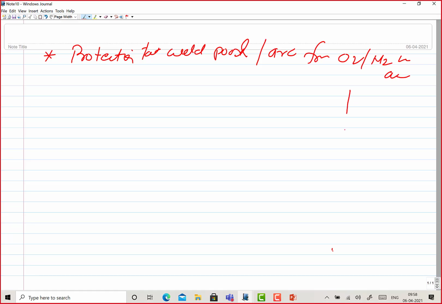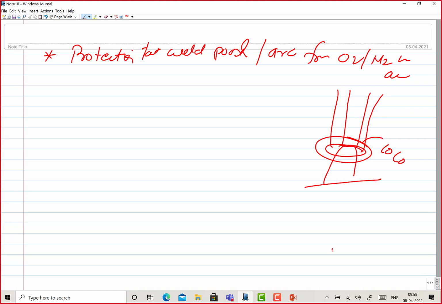What we do, when the arc is struck, the heat of the arc burns the coatings, which have hydrocarbons, so they burn and produce CO and CO2. The CO and CO2 cover the arc by pushing the air away from the arc zone. That is how these provide protection to the weld pool from the atmospheric gases.